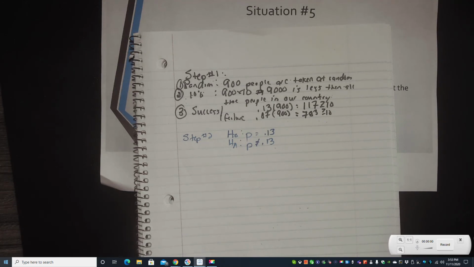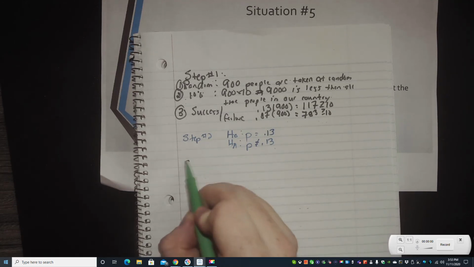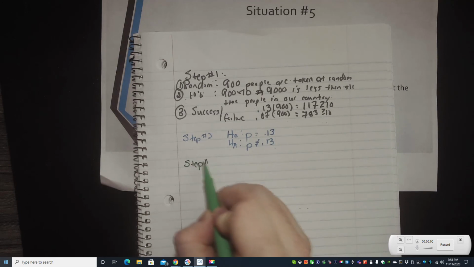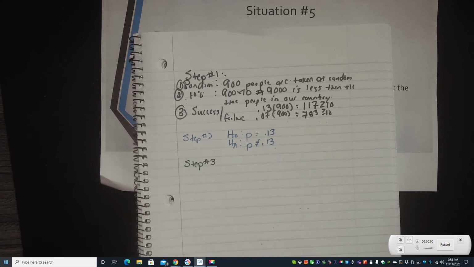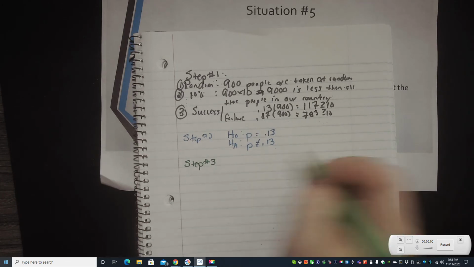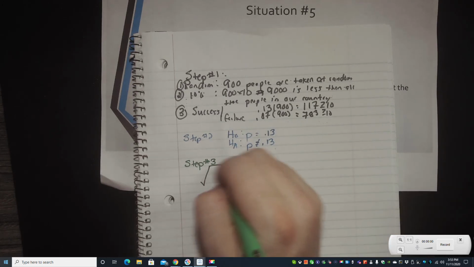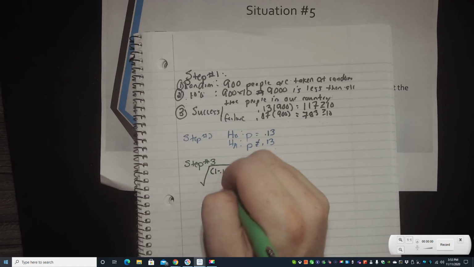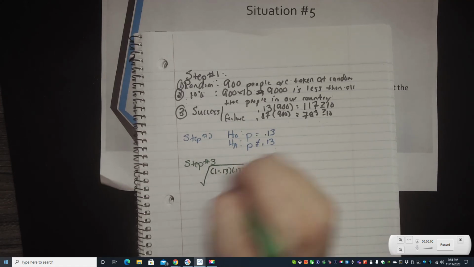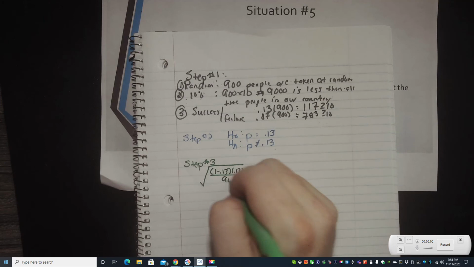Step number 3. This is actually going to present an issue that comes up rarely, and I don't really give them out on tests, but it does come up sometimes, and I'll show you in 1 second. We're going to do the square root of 1 minus 0.13 times 0.13 over 900.